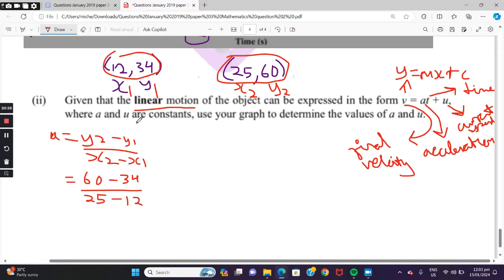Just double check. y2 has been labeled as 60, y1 labeled as 34, x2 labeled as 25, x1 labeled as 12. All right, then we take away 60 take away 34, which should be 26.